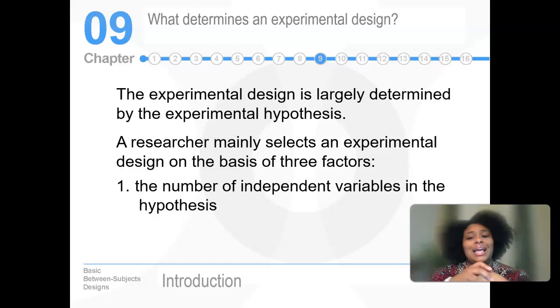The experimental design is largely determined by the hypothesis of the experiment. So researchers mainly select experimental designs based on three factors.